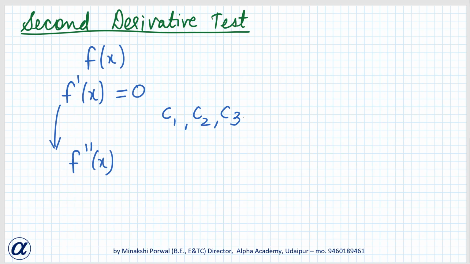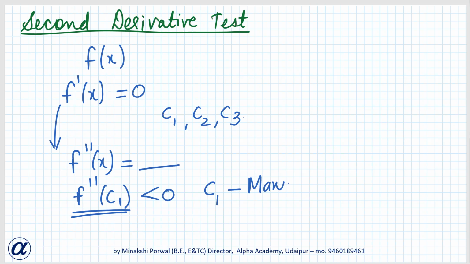Now we'll again differentiate it, and substitute these values into the second derivative. If f''(c1) is less than 0, that means c1 is a local maxima, and the value of the local maxima we'll find by substituting in f(x).